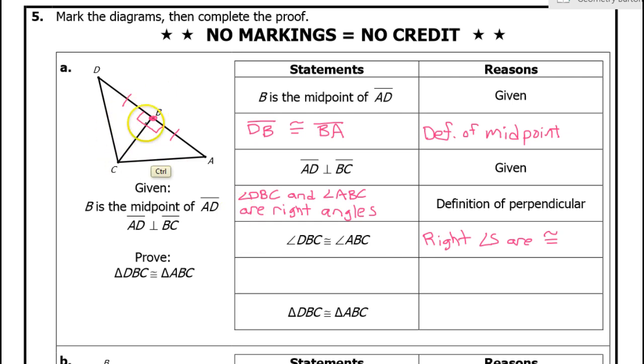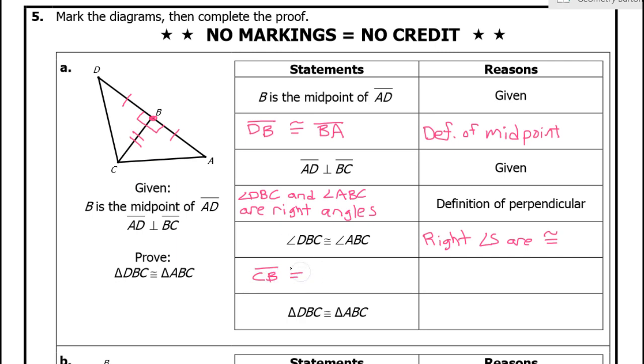So far, I don't have enough information marked to prove that the triangles are congruent. But there's one more thing I can mark. The shared side is obviously going to be congruent for both triangles. So I will write that as CB is congruent to CB.